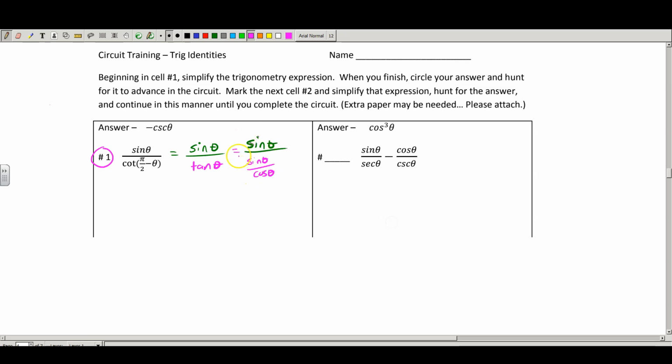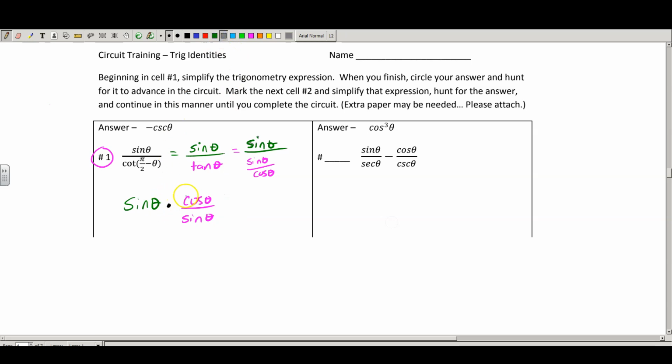Here again I'm dividing, so I'm going to multiply by the reciprocal. I'm going to take that top sine theta and multiply by the reciprocal of tangent, or in this case sine over cosine. So this becomes sine theta times cosine theta over sine theta.